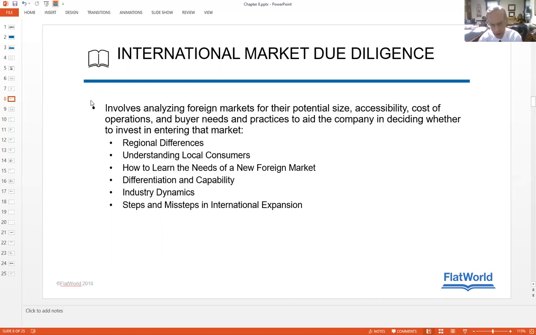And it's really the scope of this information that makes international business international. So we're very interested in the differences in business conditions between countries and regions, differences between consumers, attitudes and preferences, what the capabilities, economies, industry dynamics, and so forth in one country might be compared to others.